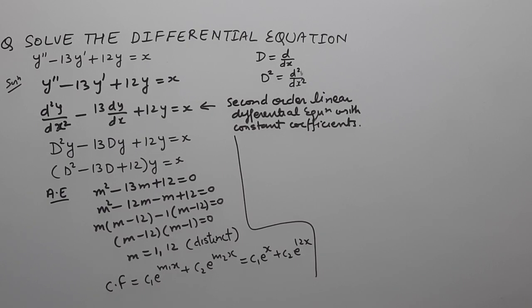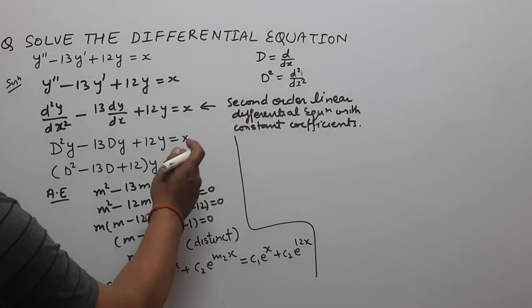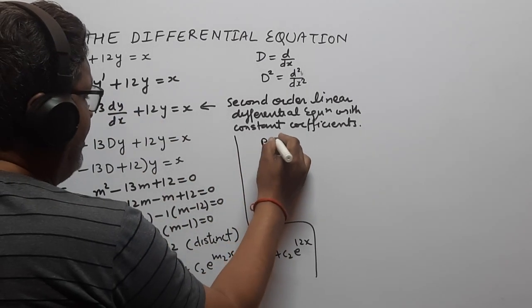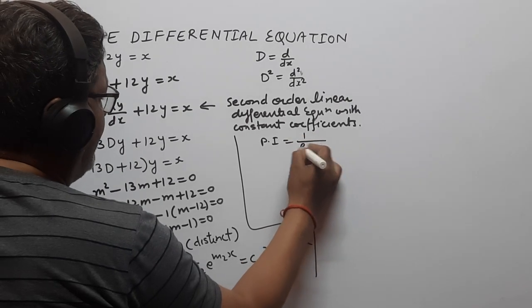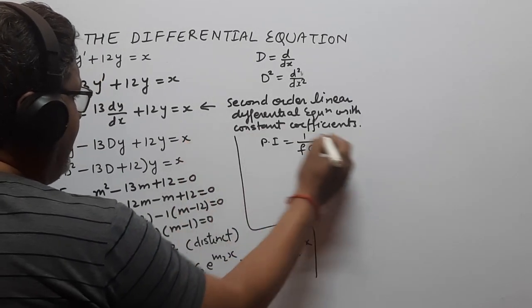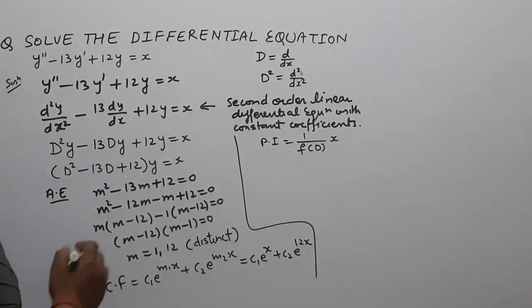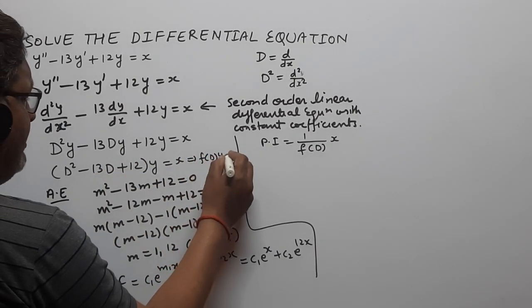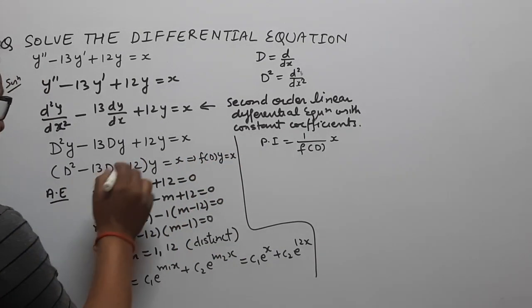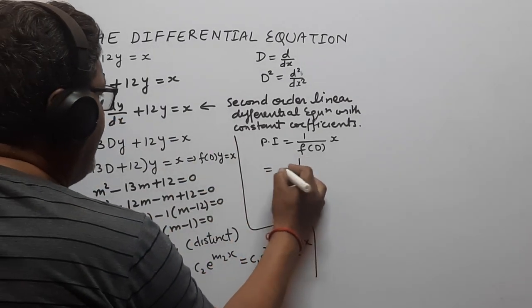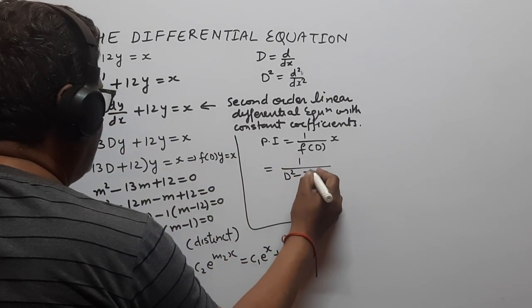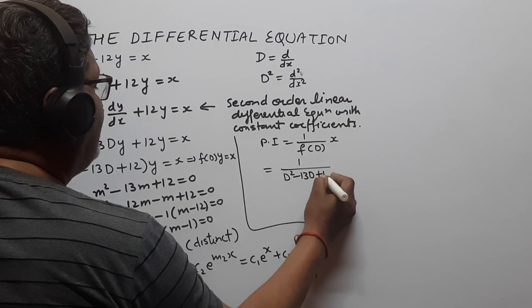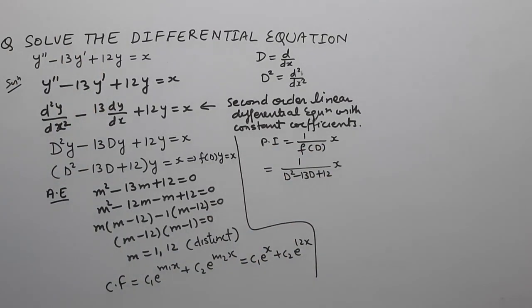Now we find the particular integral for the right hand side x. So the particular integral can be written as 1 upon f(D) times x, that means Q. You know that f(D) times y is equal to x. So f(D) here is 1 upon D square minus 13D plus 12 times x.